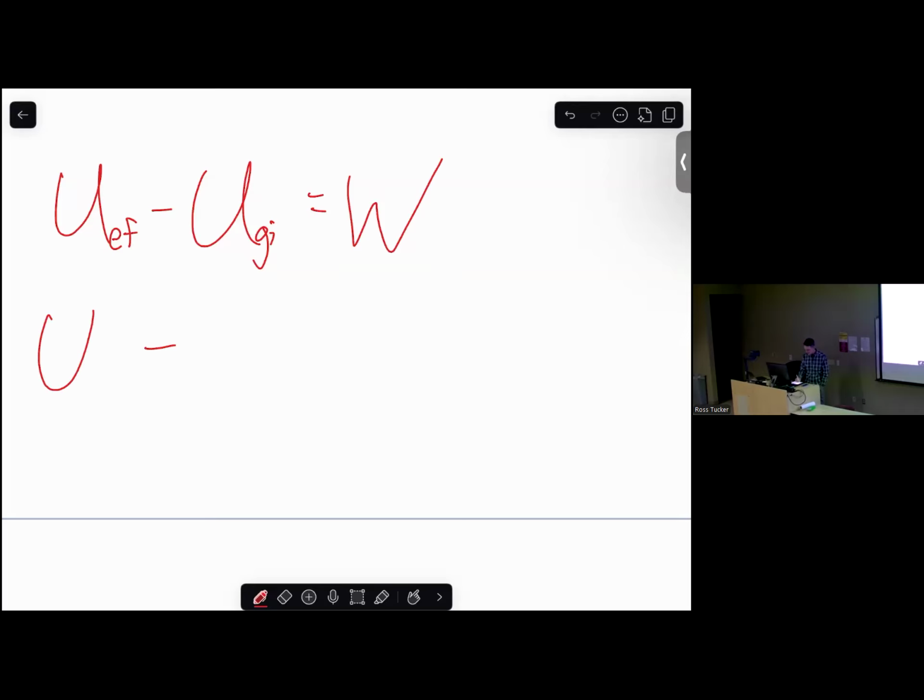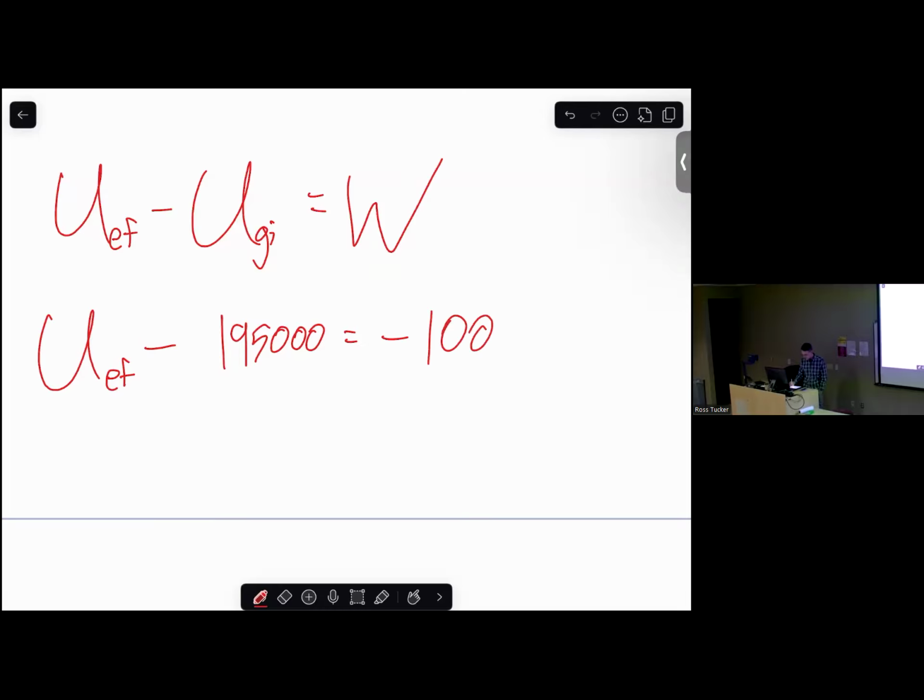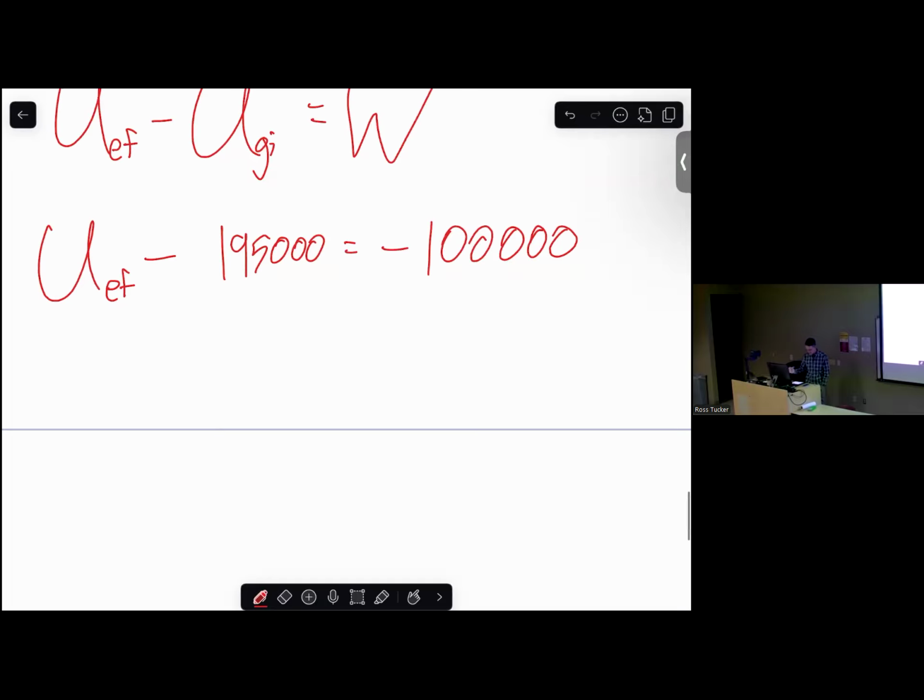I calculated that gravitational energy starts at 195,000. I just told you the work done by friction is negative 100,000. I can add 195 to both sides and say half k times 1.5 squared equals what? 95,000?